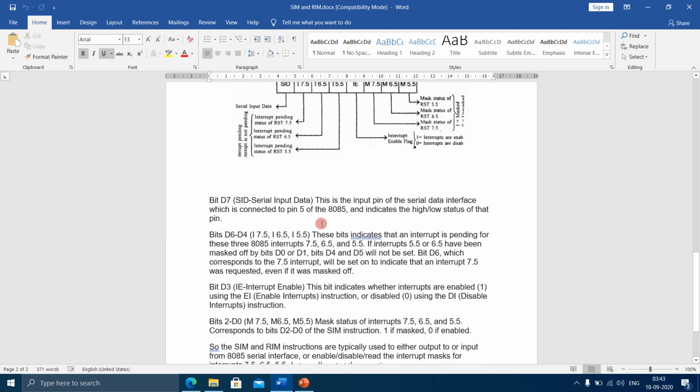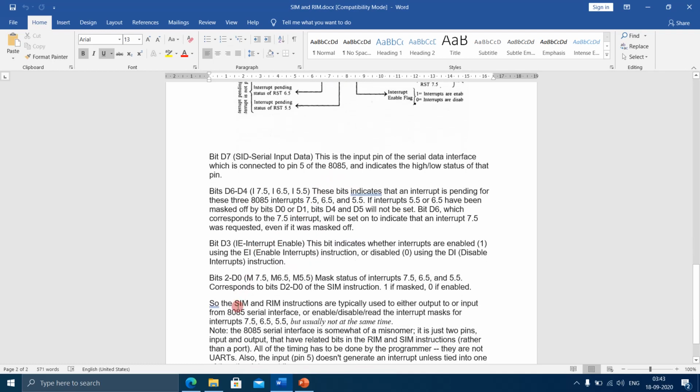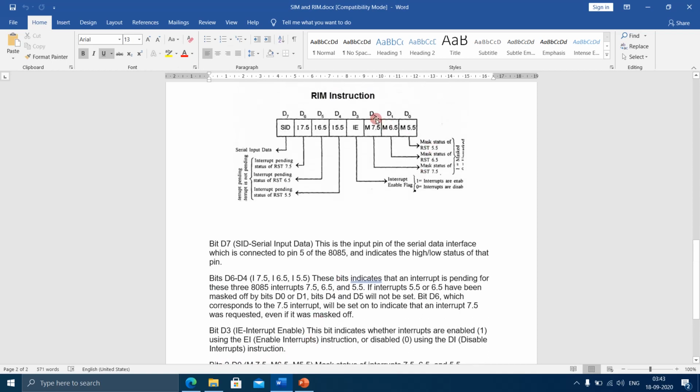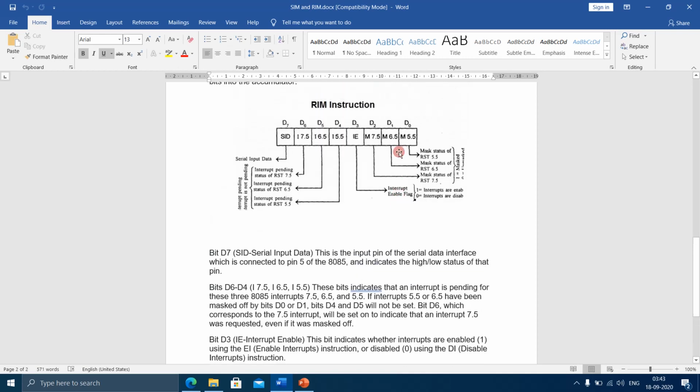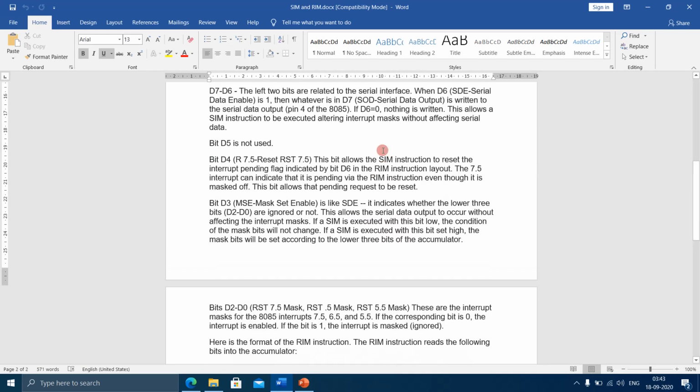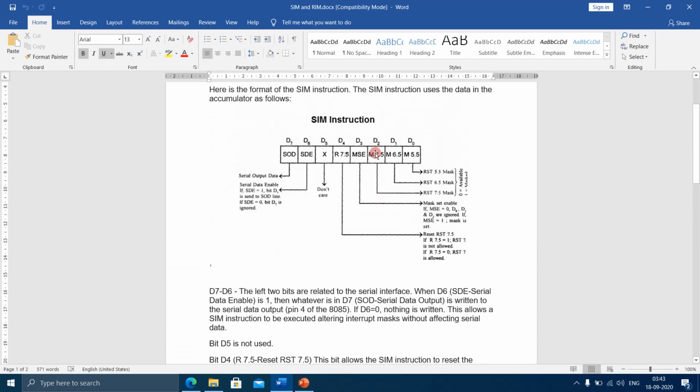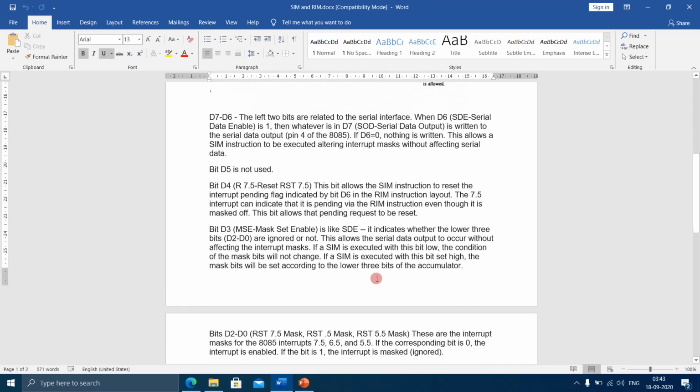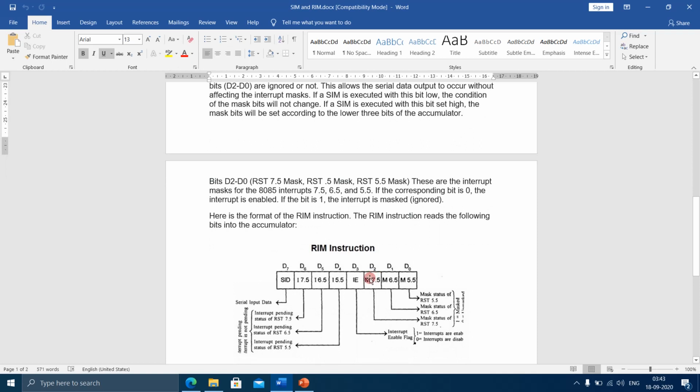Now we will talk about bits D2 to D0. This corresponds to the bits of the SIM instruction which we had learned, from D2 to D0. If it is 0, that means this interrupt is enabled. The microprocessor will service this interrupt. If this is 1, then this will be ignored. This is masked off.